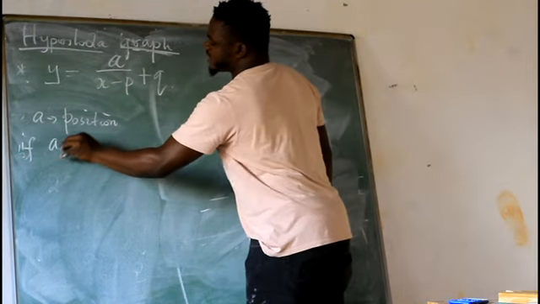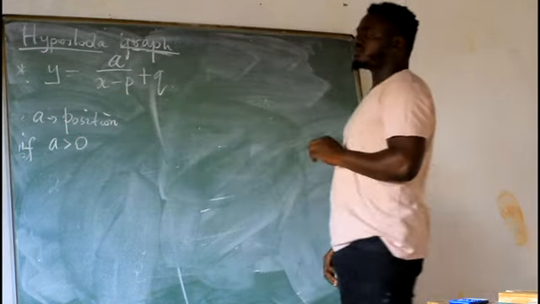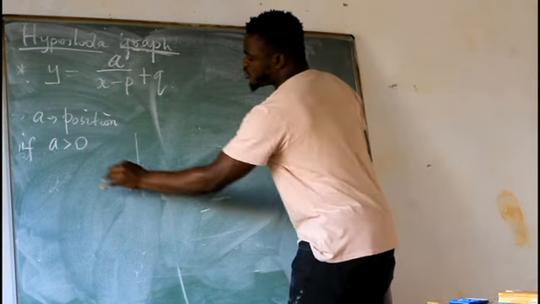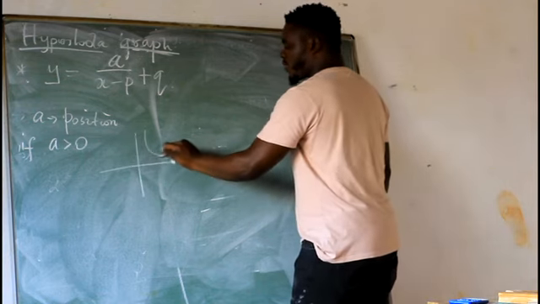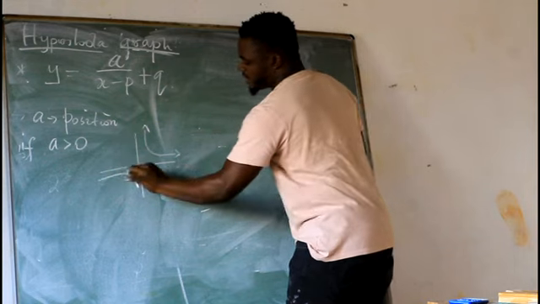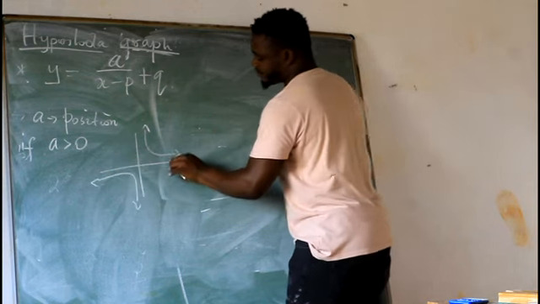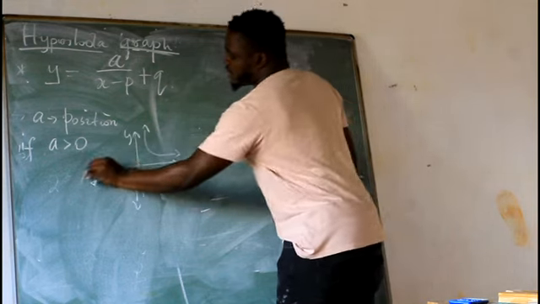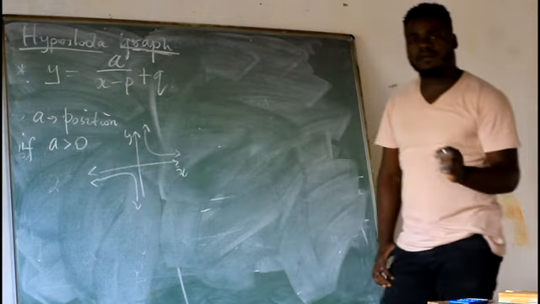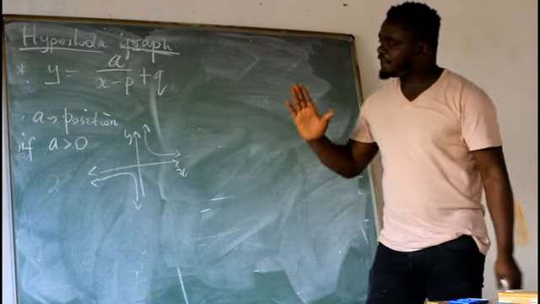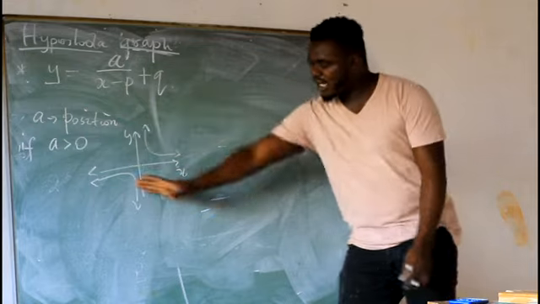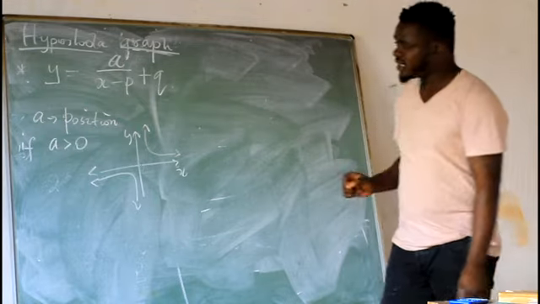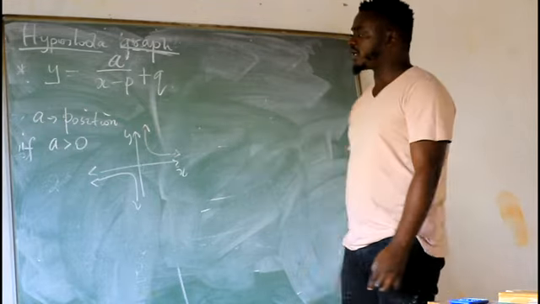If a is greater than 0, then the graph is going to lie on the first quadrant and the third quadrant. That is the position of the graph.